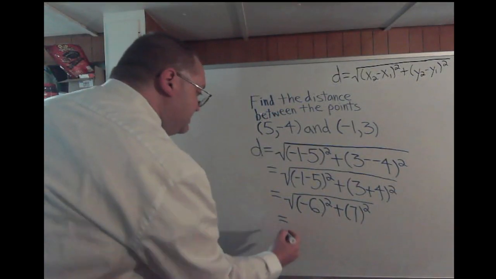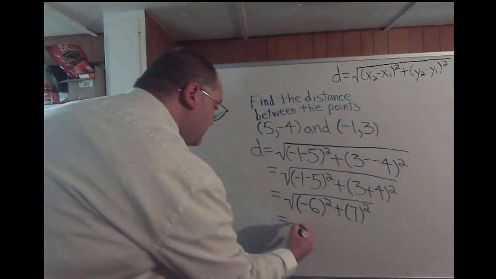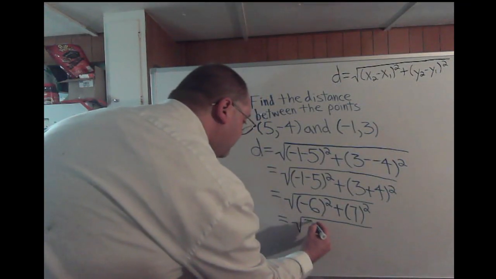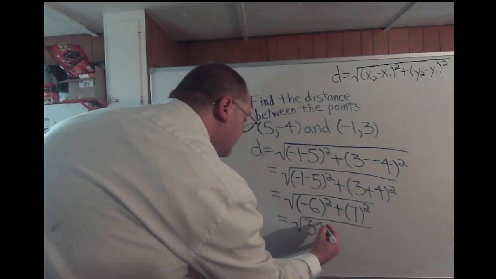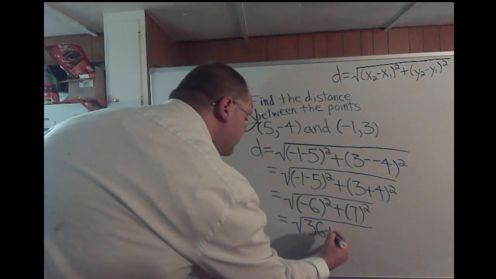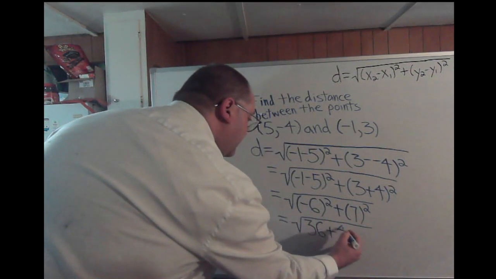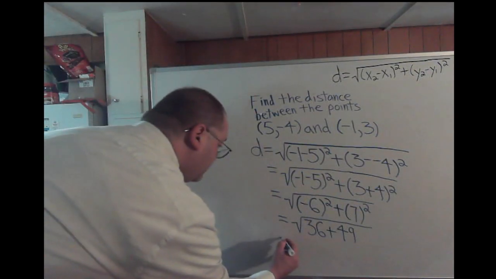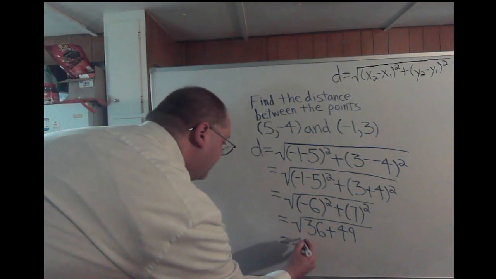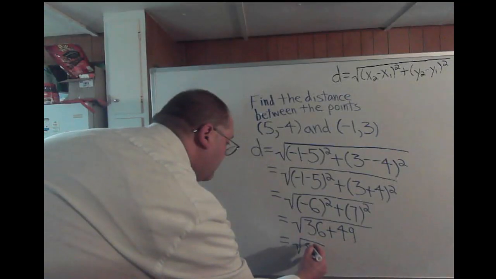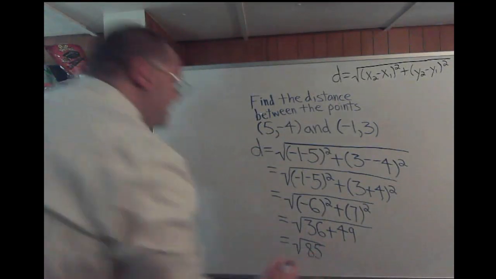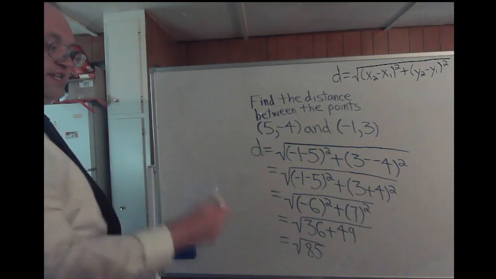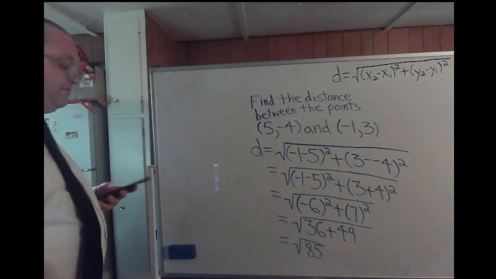So let's simplify this further. Now we do the exponents. -6 to the second power, that's positive 36. Plus 7 to the second power, that's 49. Which would give you the square root of 85. Now, in later courses, sometimes you'll just leave your distance as the square root of 85.